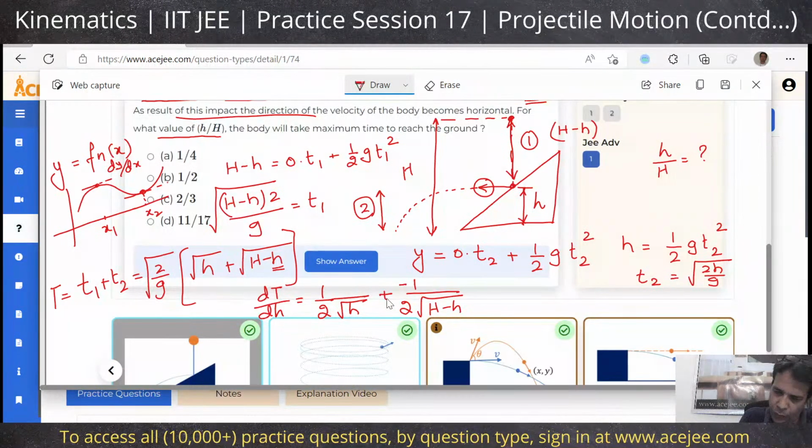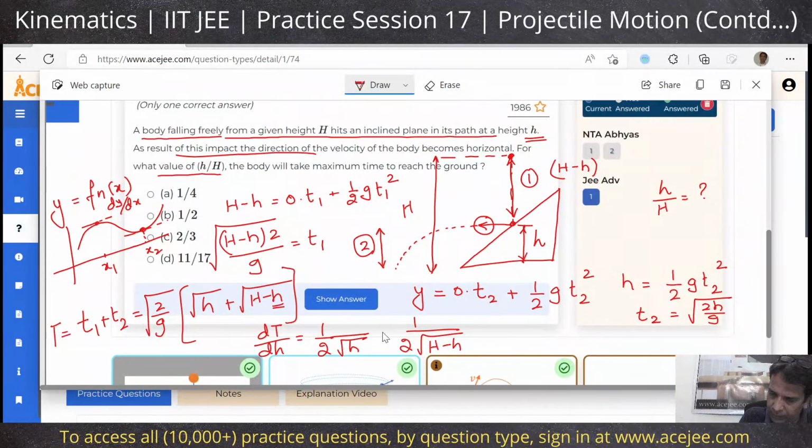So this should be equal to 0. This implies that square root of h is equal to square root of H minus h. I'm going to square both sides. What do we get? h is equal to H minus h, or h is equal to H by 2. In other words, h by capital H is 1 by 2.